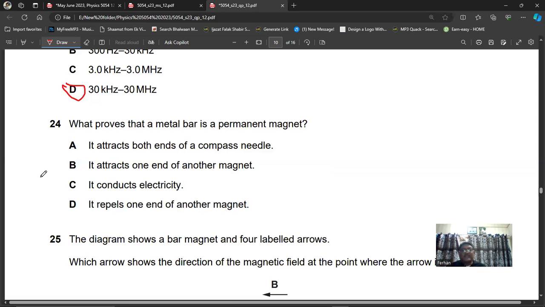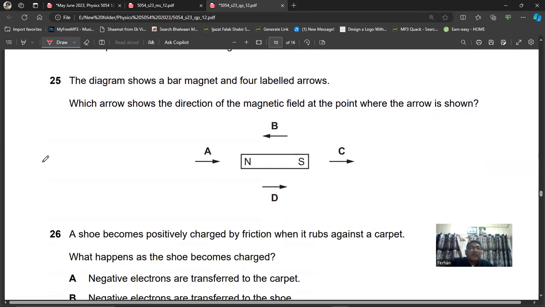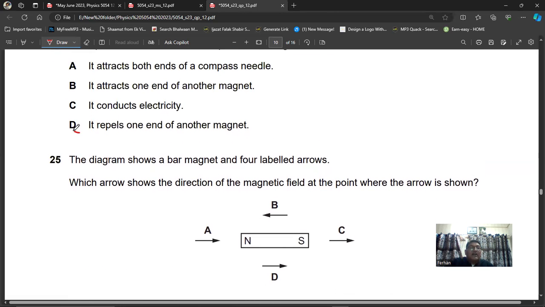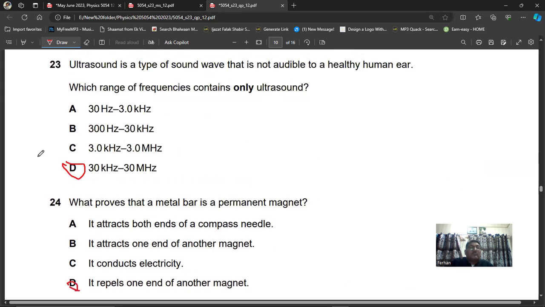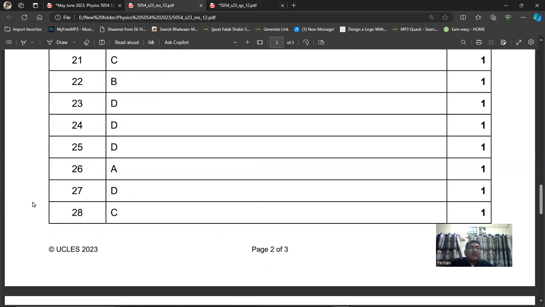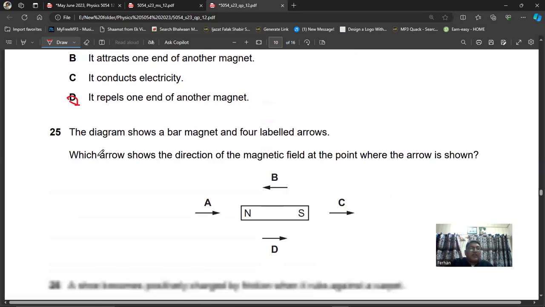No. Attraction is not a test. Repulsion is the confirmed test. It conducts electricity? No. It repels one end of another magnet? Yes. When it repels, that means this metal bar is also a magnet. So I think D is the choice. Question number 24. D is the right choice.